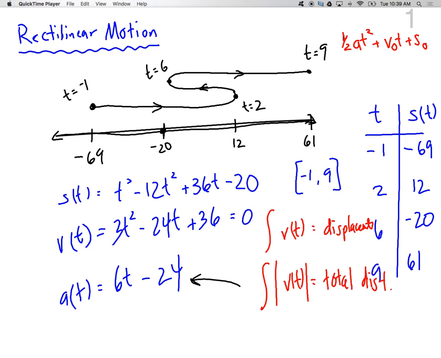So for instance, with your calculators, fnInt the velocity from -1 to 9, and then fnInt the absolute value of the velocity from -1 to 9. And look at your answers. Do you know how to get the absolute value?